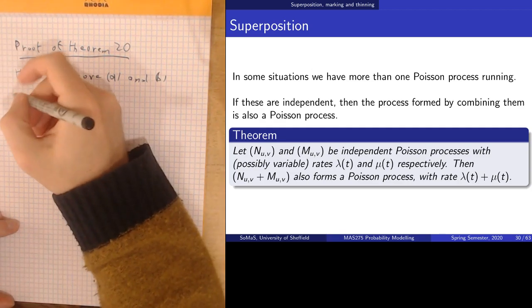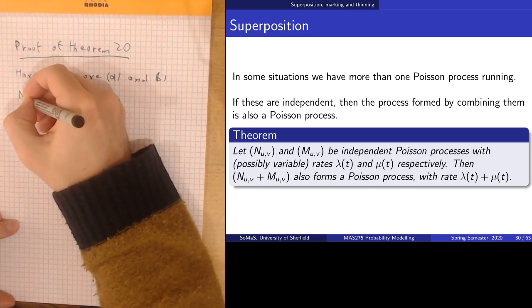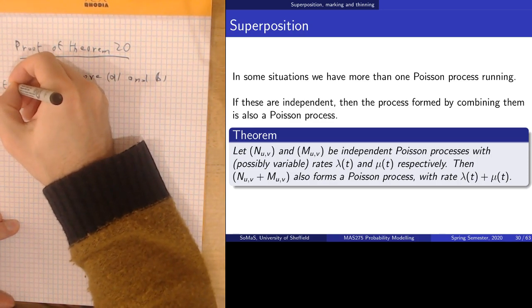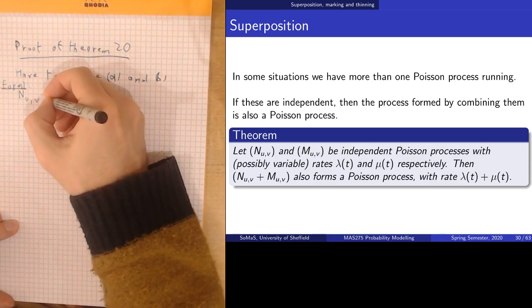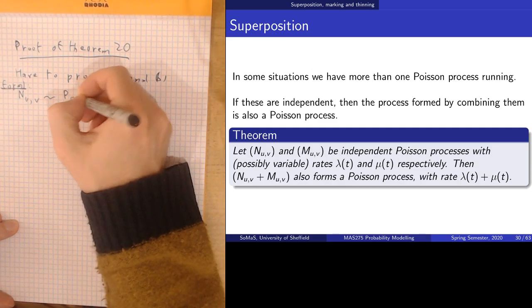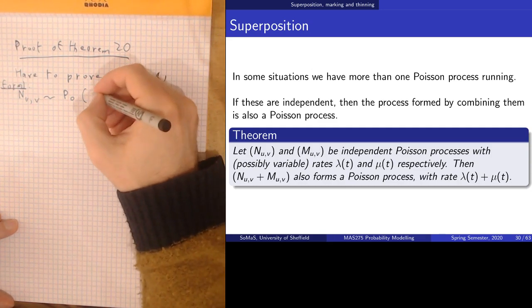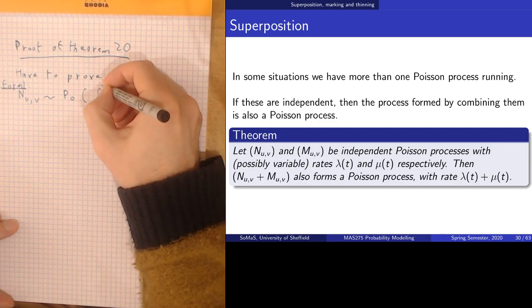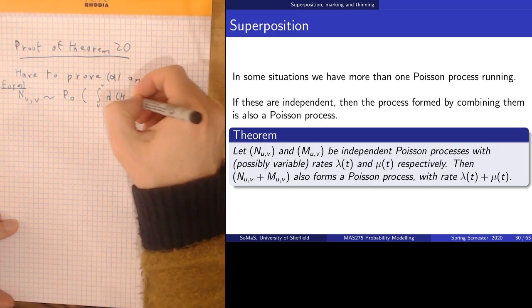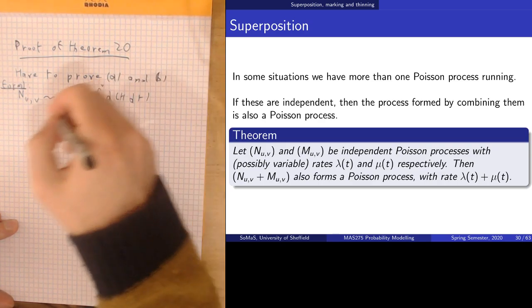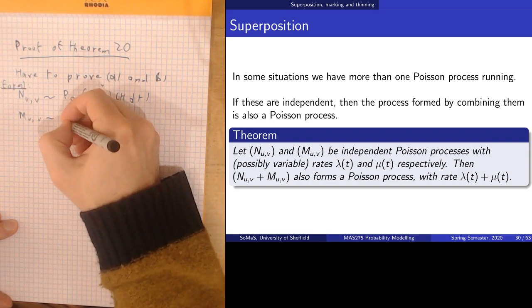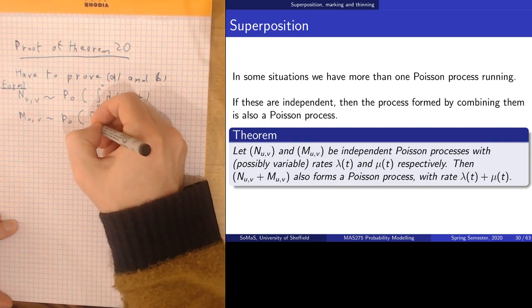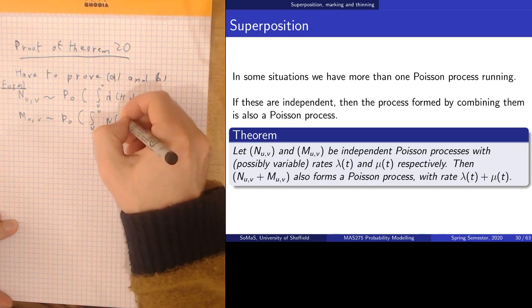So remember that for A, N_uv follows a Poisson distribution with parameter integral from u to v of lambda of t dt, while M_uv is Poisson with integral of mu instead of lambda.